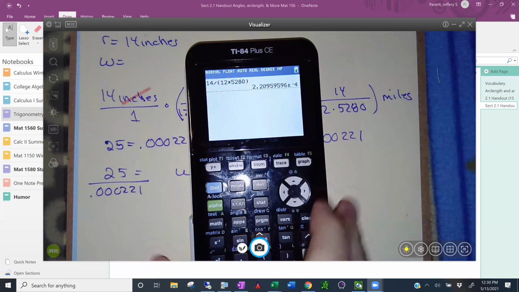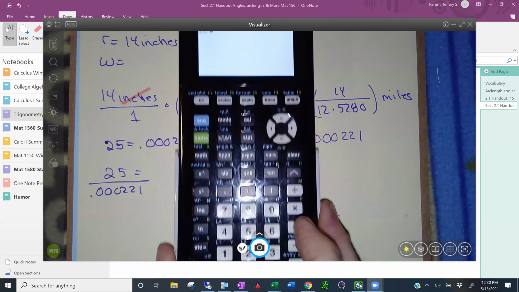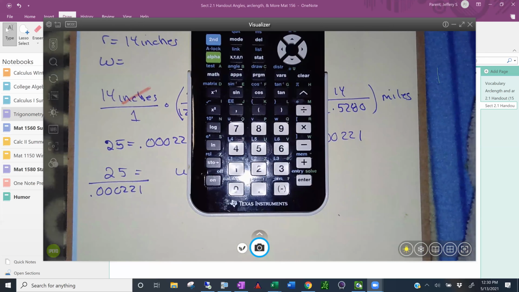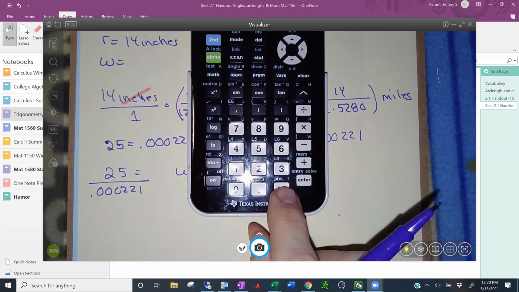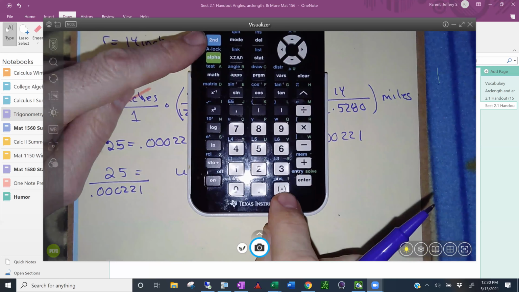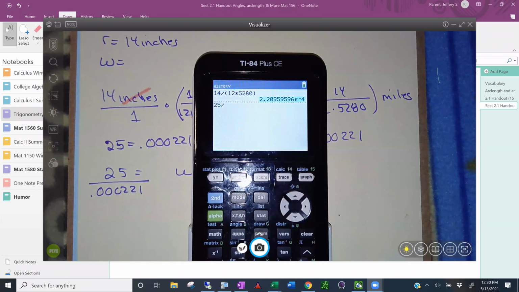And the way you can do that is you can hit 25 divided by my previous answer. And my previous answer is conveniently stored for me in a couple places. If you hit the second key and then the negative key here, you'll get to your previous answer, or you can just go up here, press the enter key, and it'll bring it down.